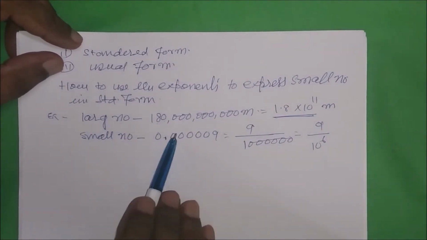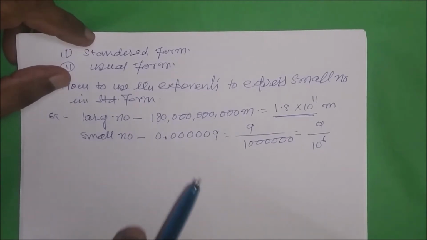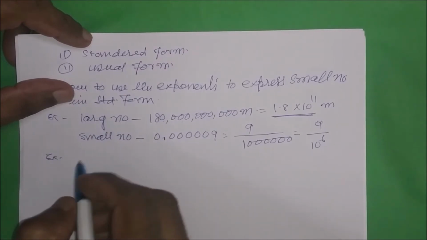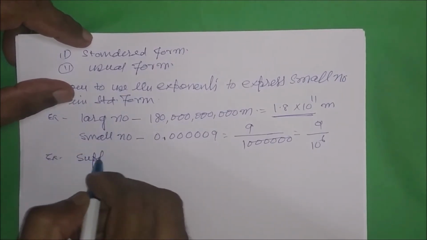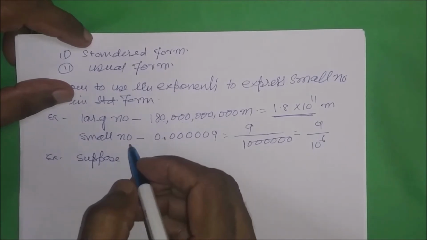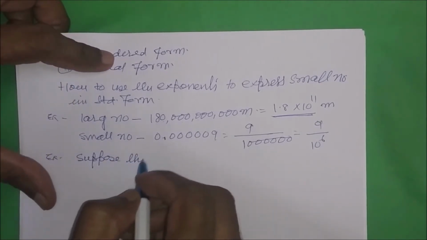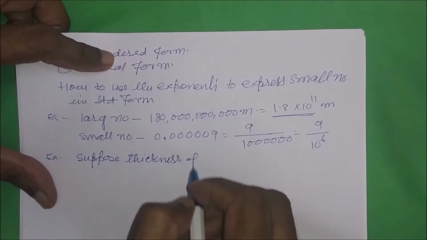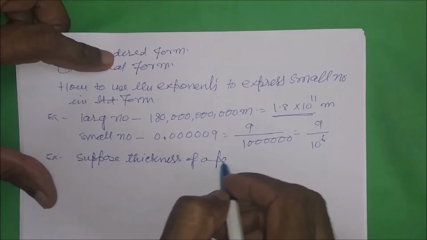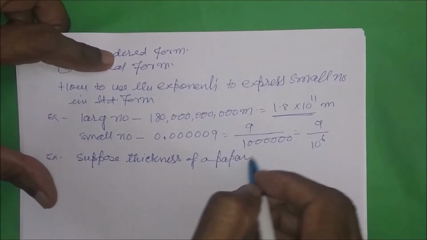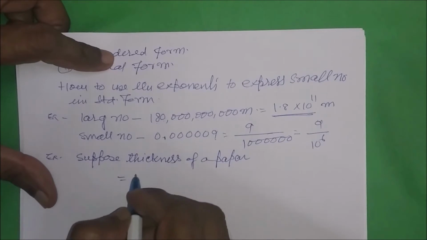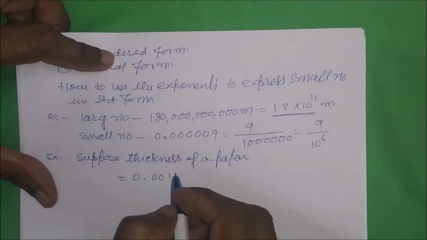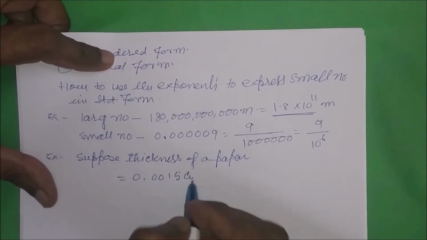I have given a large number also as an example. Now, suppose one more example: the thickness of a paper that we use is equal to 0.0015 centimeter, right?